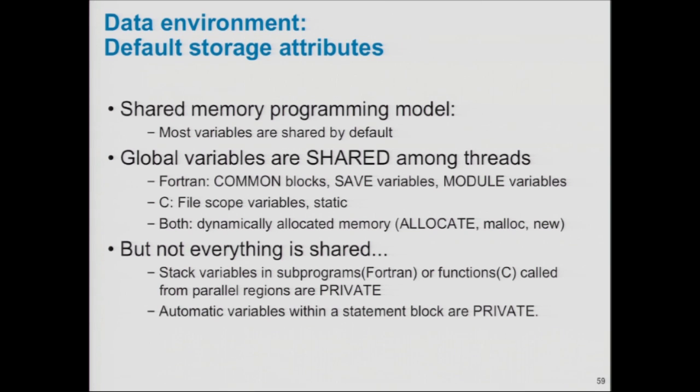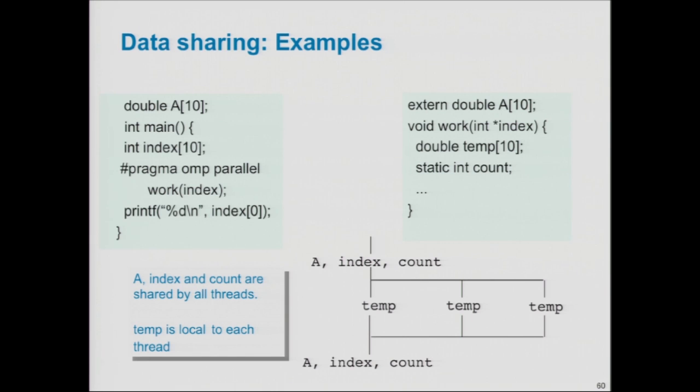So when you're in a parallel region and you create a new variable within that structured block, you're guaranteed that it's private, which is probably what you want, because you're creating different variables in each of the structured blocks. And any automatic variables within a statement block are private. So you get a bunch of things done for you that are predetermined sharing attributes. So here's an example. A and index and count are all shared.